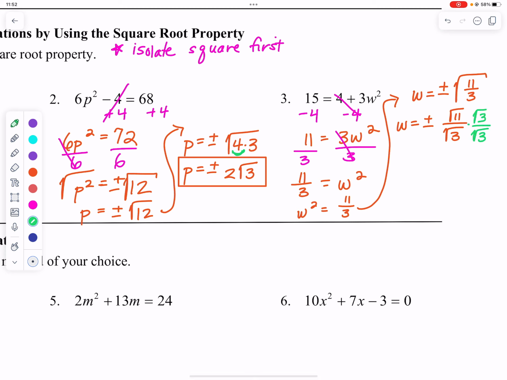So we will multiply the numerator and denominator by the square root of 3. And now we have w equals plus or minus the square root of 33 over 3. So keep in mind, when we multiply across, the square root of 3 times the square root of 3 is 3.